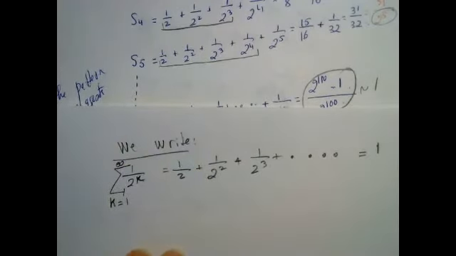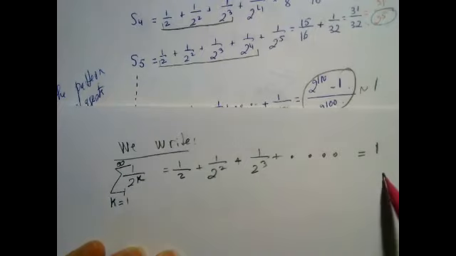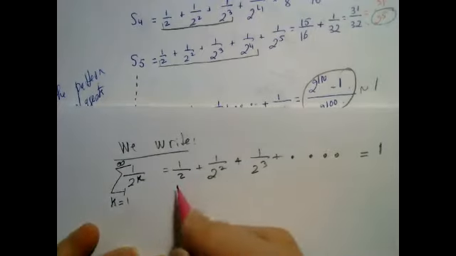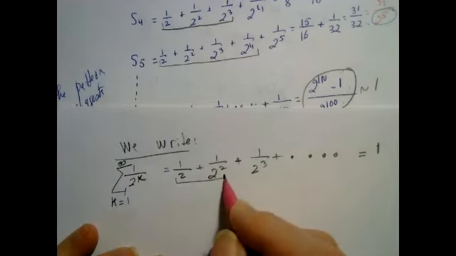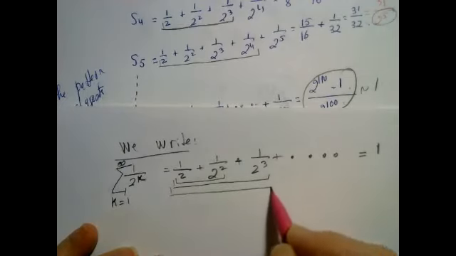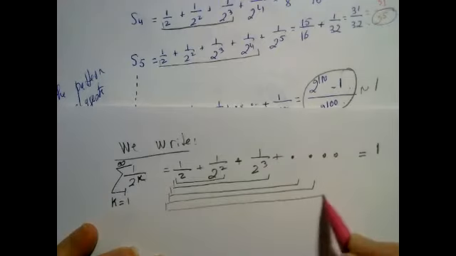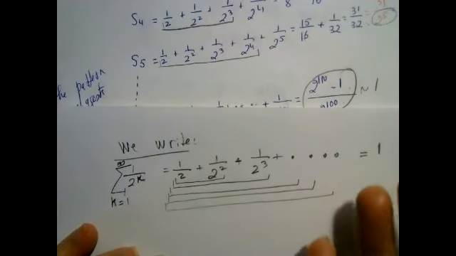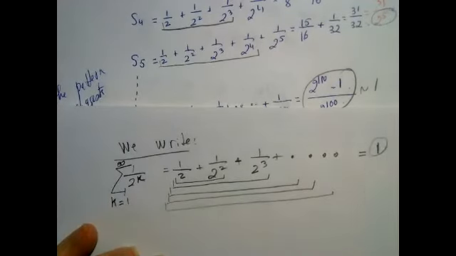Okay, so let us recap what we did here. What does it mean to say this is equal to 1? What we are doing is simply adding the terms and asking ourselves, as we add more and more terms, what are we heading to? From this problem, we realize the more we add, even though we're adding infinitely many, the sum is really approaching 1.